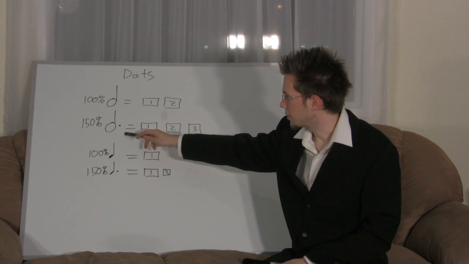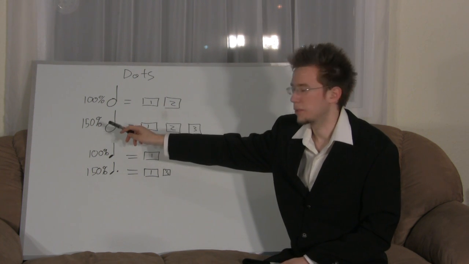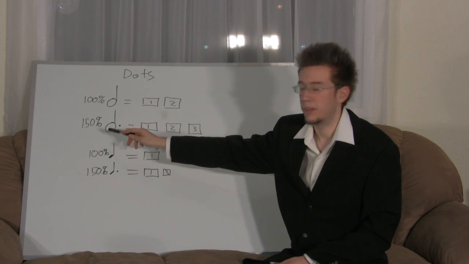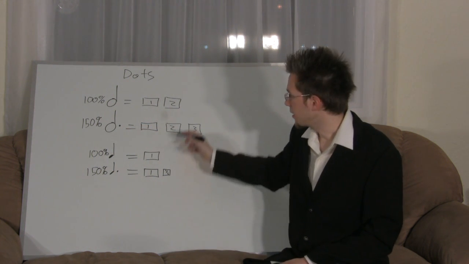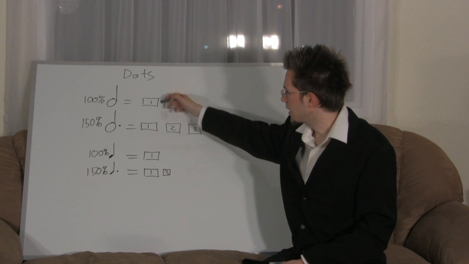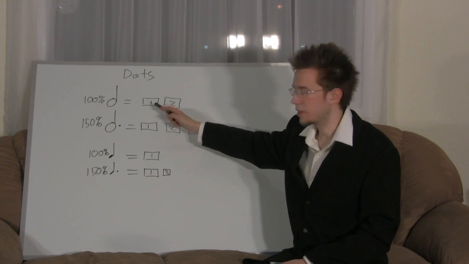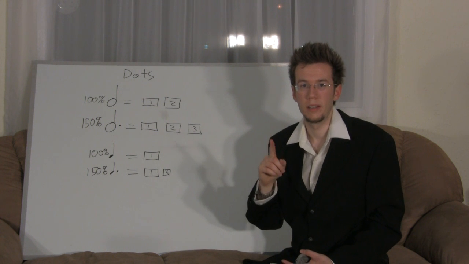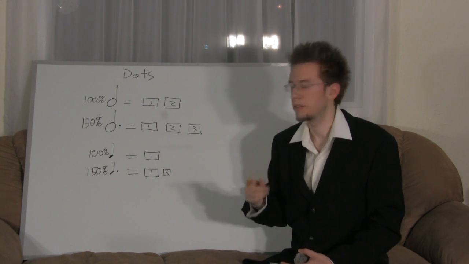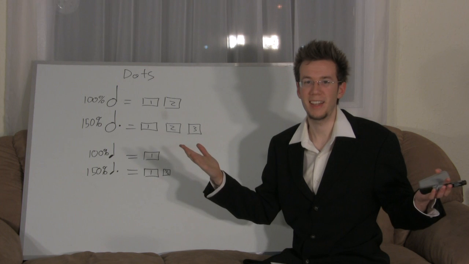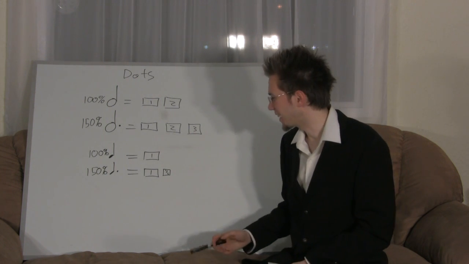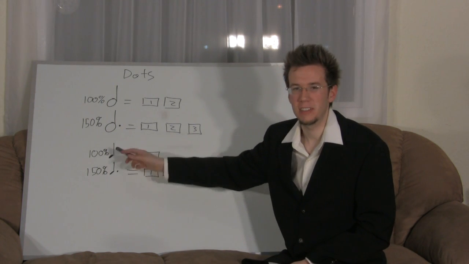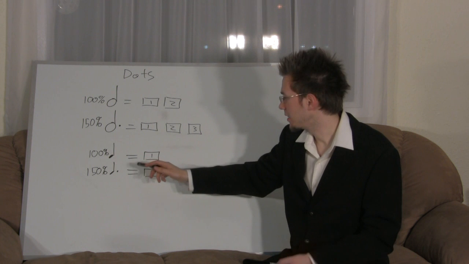A dot added to it adds another 50%, so now it's 150% of its value. In other words, just take the value of the note, take half of it, and add that to it. What's half of 2? 1. So what's 1 plus 2? 3.